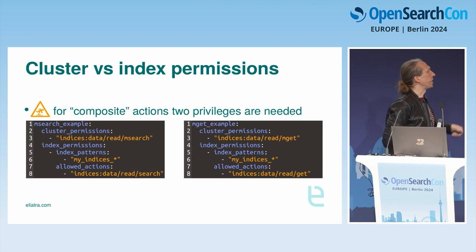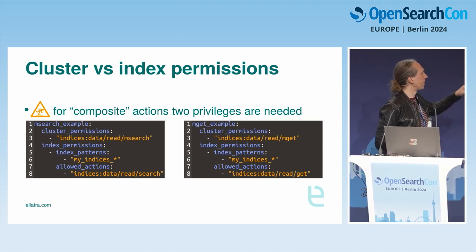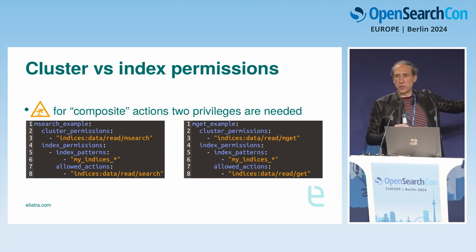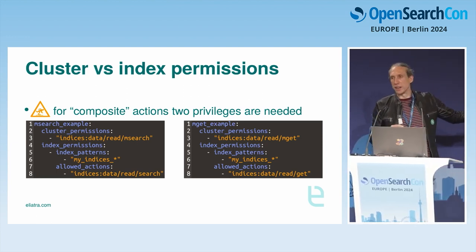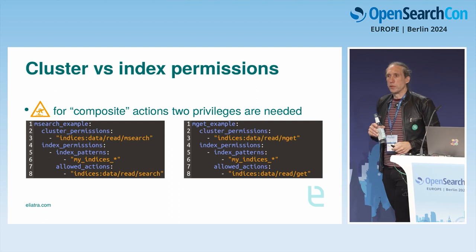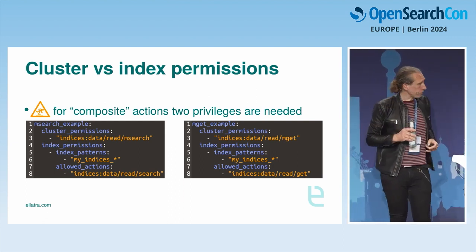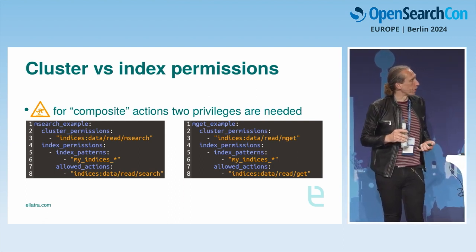Just to recap this pattern with the 2-level privileges, that's a pattern you will see very often. Just an example here: we will have msearch and search in this 2-level pattern. The same holds for mget and get. And we have actually quite a few more actions which work this way.